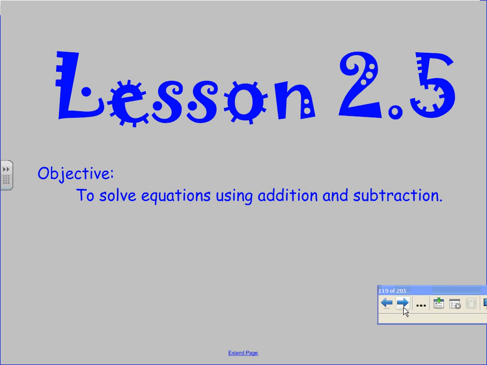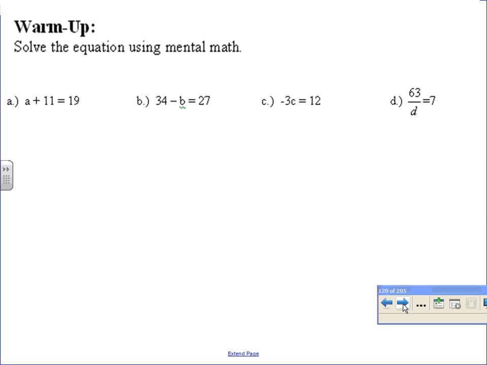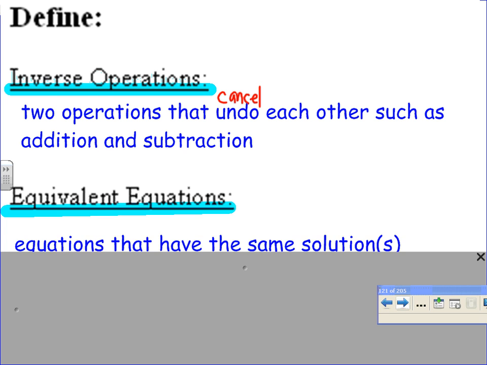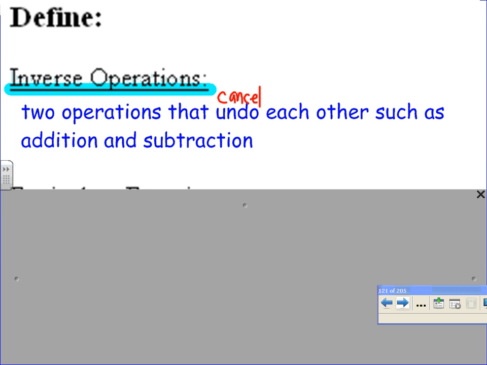Who can remind us what the word inverse means? What does inverse mean? Matt? The opposites. So here's where we're going to start. Inverse operations are two operations that either cancel or undo each other, such as addition and subtraction.